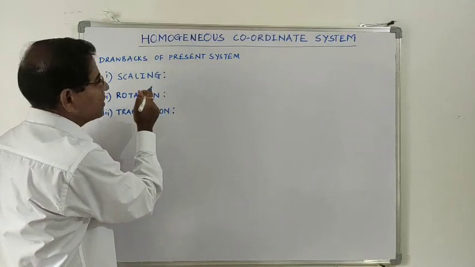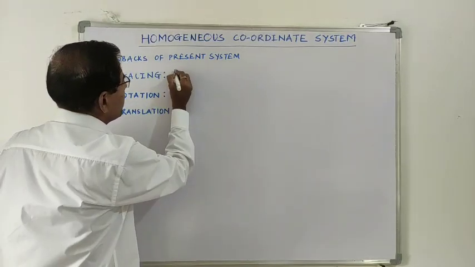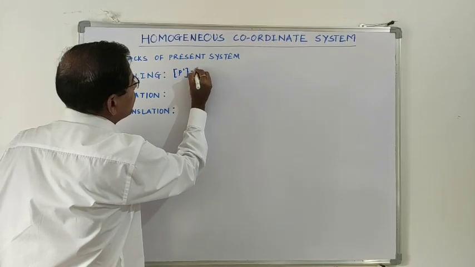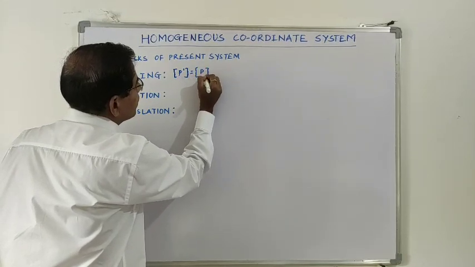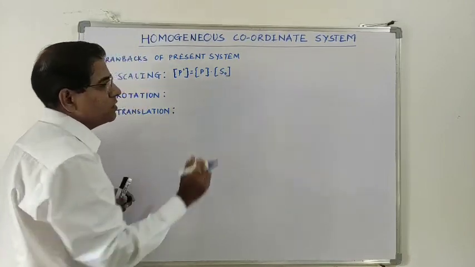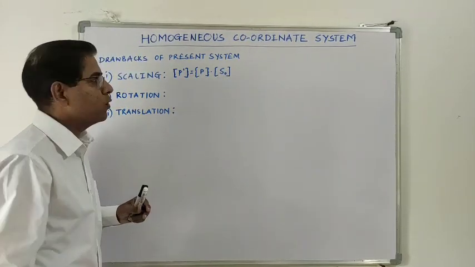There we have seen that the scaling transformation is captured by P dash is equal to P into SO, where SO is the scaling transformation about origin.